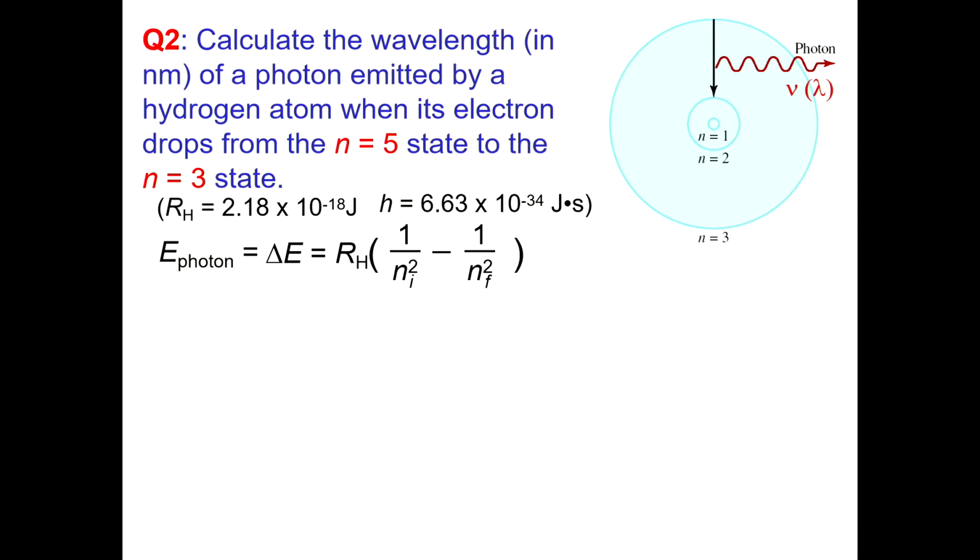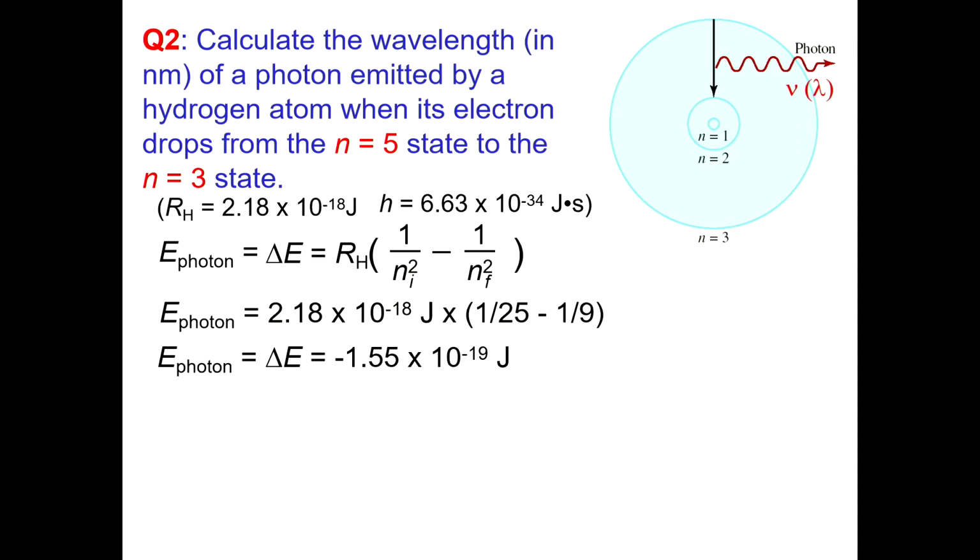So initial n_i is 5, final n_f is 3, and R is here. From this equation we can calculate the energy of the photon. The square of 5 is 25, and 9. Finally we get the energy difference.